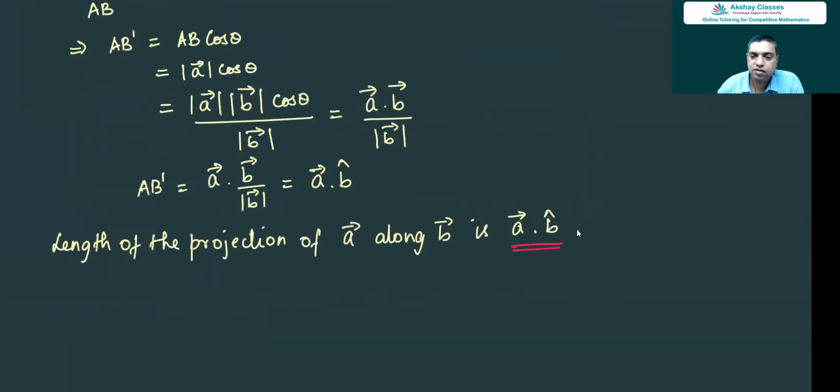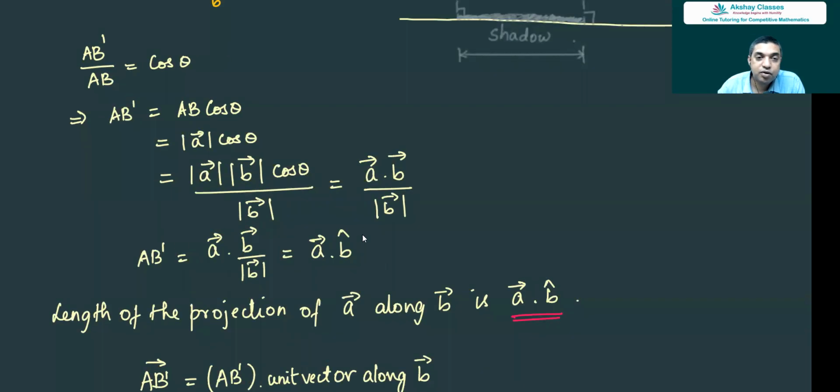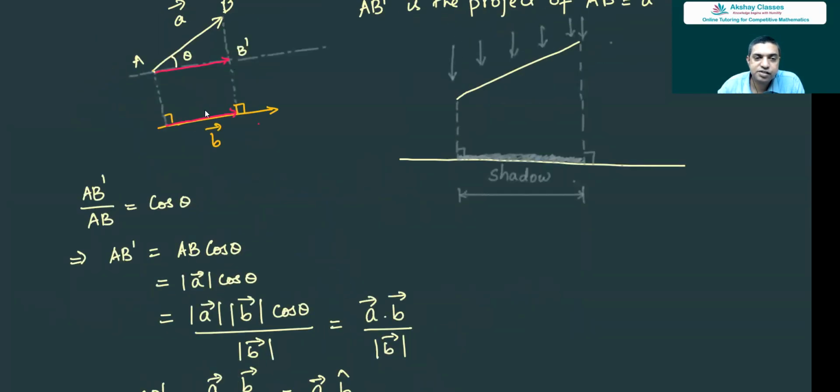Vector algebra. So now if I want to find this vector AB dash bar, that is the length AB dash times the unit vector along AB dash bar, its own unit vector. Now the unit vector, because the direction of AB dash is the same as the direction of B bar.